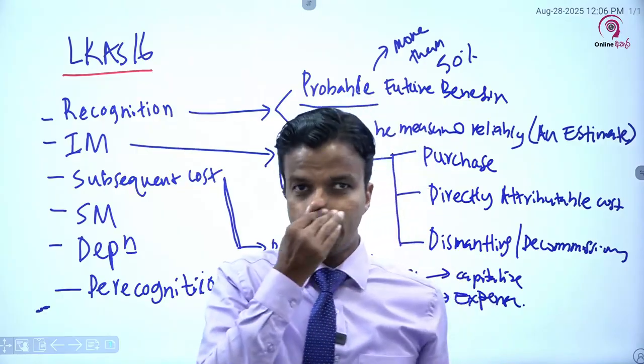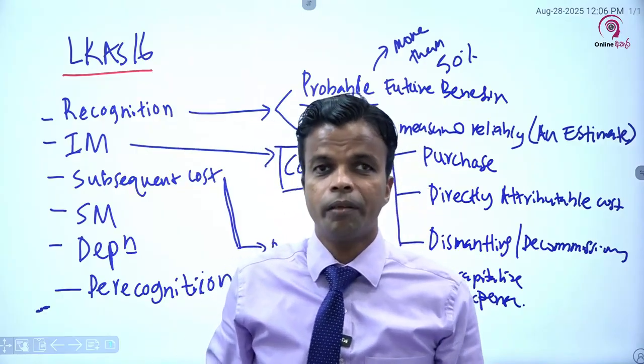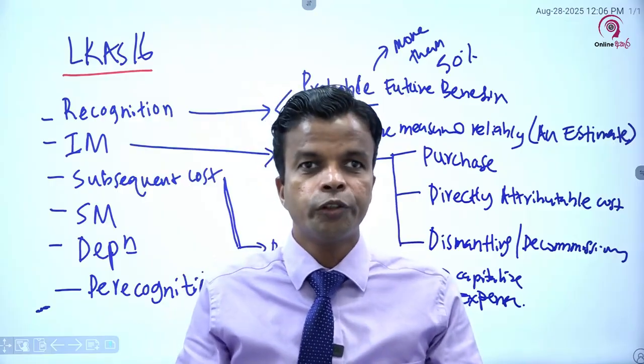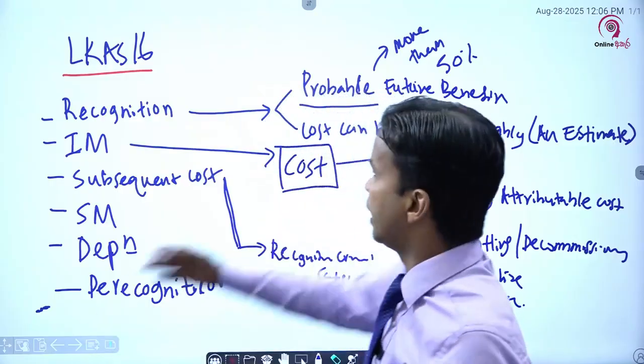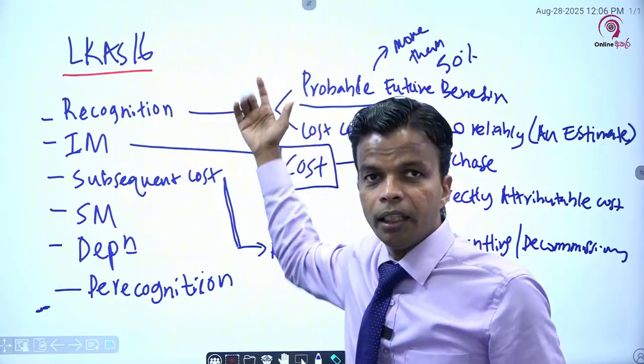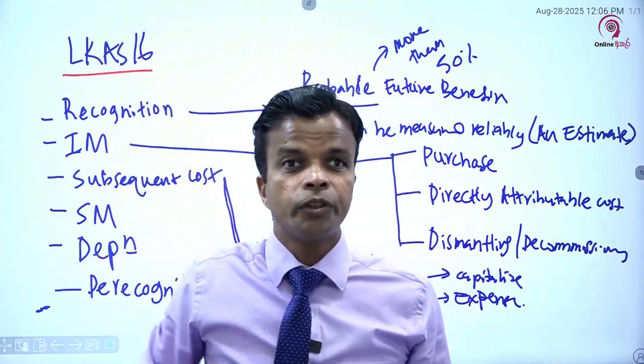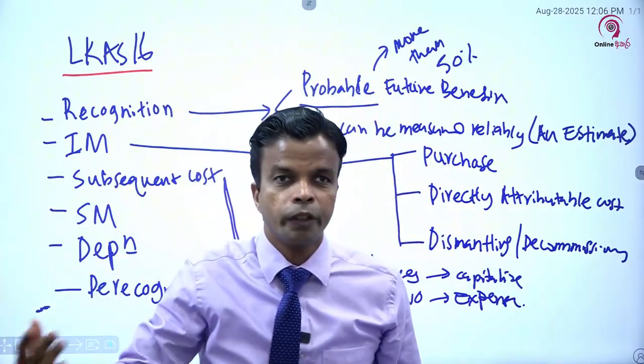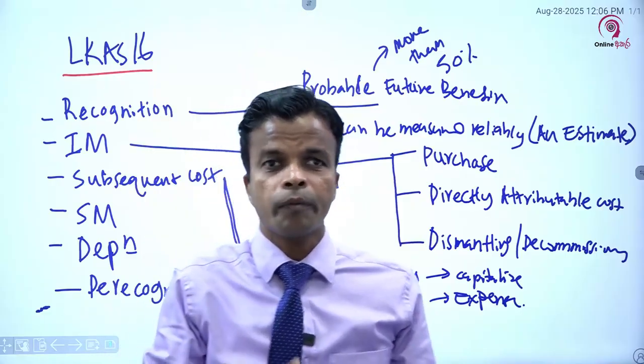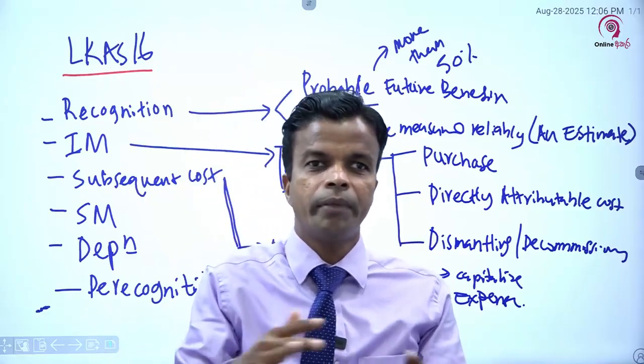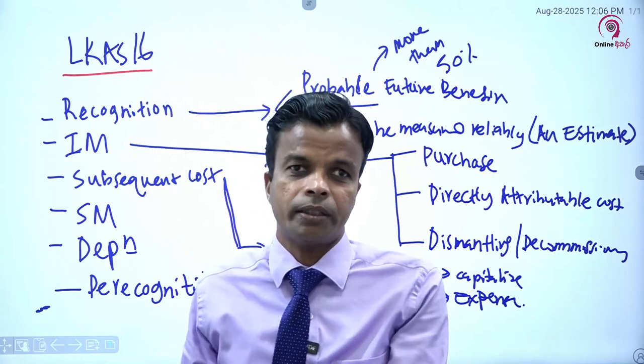Normally, repairs and maintenance mean subsequent costs incurred for PP&E that will not necessarily enhance or improve the future economic benefits of the underlying asset. Because of that, normally repairs and maintenance you charge to P&L as an expense.